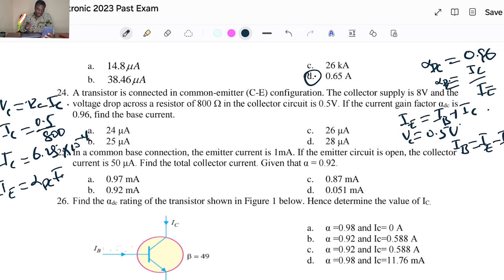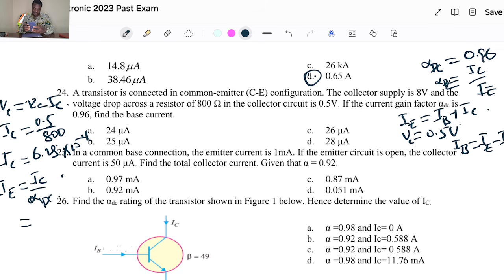We are making the emitter current the subject. So this is going to be IC over alpha DC.